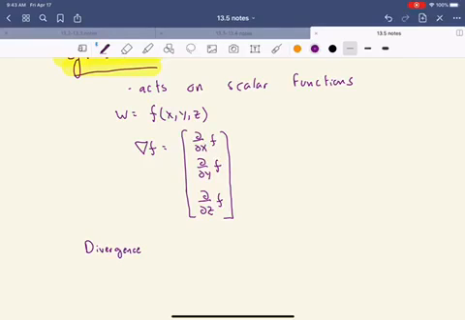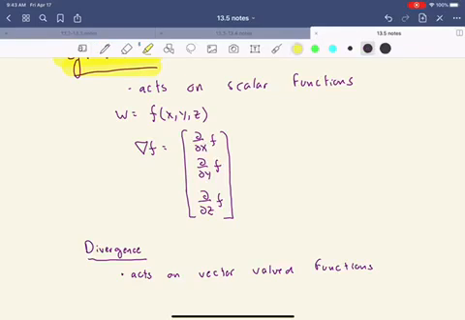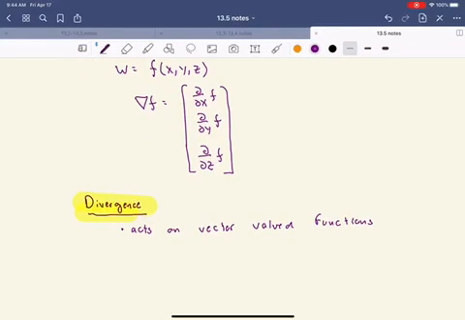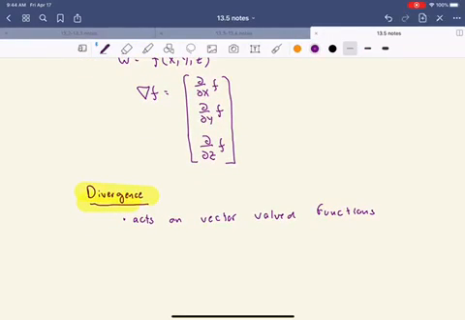The divergence actually acts on vector-valued functions. Okay, it's a key distinction. It acts on a different kind of thing. Okay, and we write that.